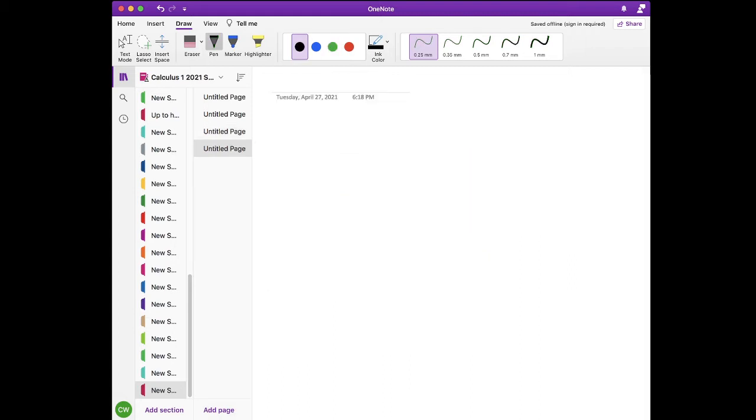So here I'm going to give a definition. We've been talking colloquially about area underneath the curve, but let's give the definition.